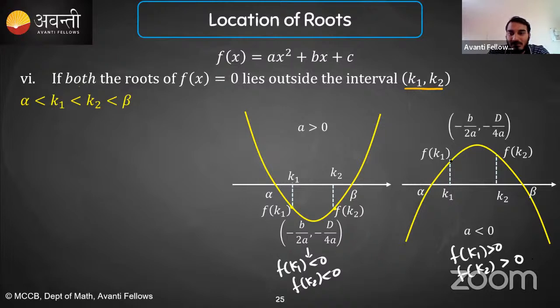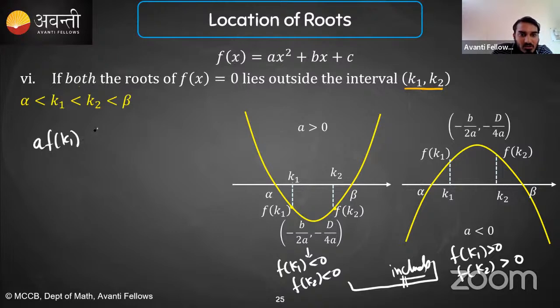दिख रहा है ना साफ साफ? So why is it possible? Why am I saying that? If you include both cases, what is the condition? The necessary and sufficient condition is that a into f of k1 is less than 0, a into f of k2 is less than 0.